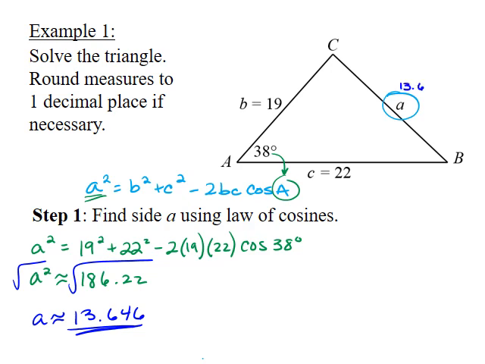Now, I want to remind you of something. When we have a triangle, the longest side is across from the biggest angle. The smallest side is across from the smallest angle. And that's going to be helpful when we continue to solve.